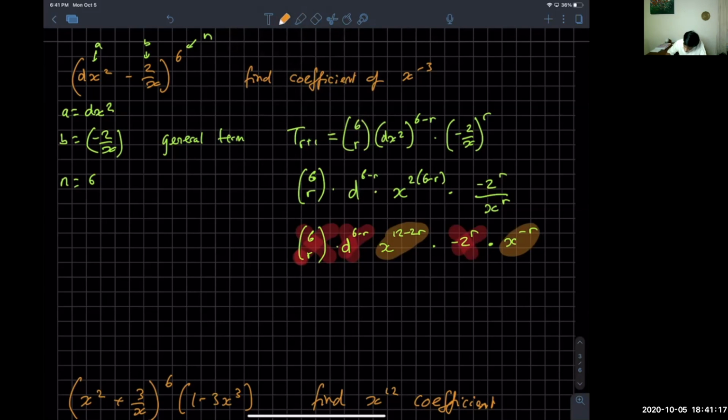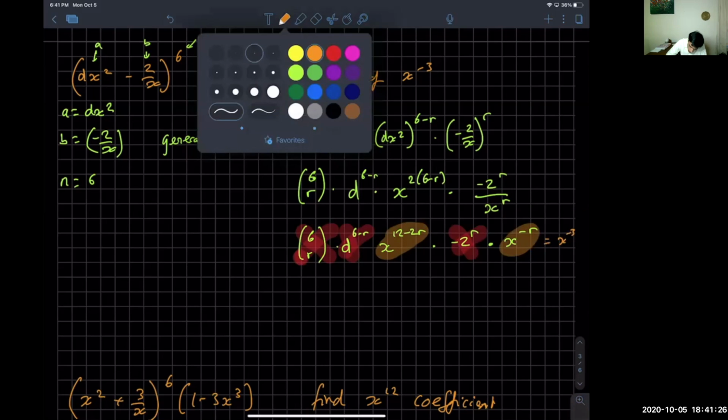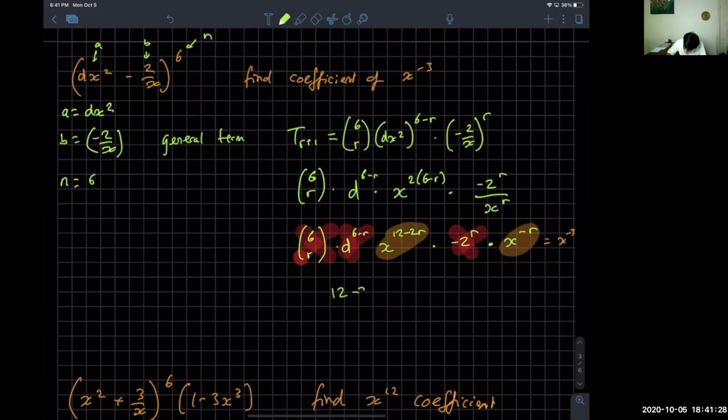Therefore, I just add up these exponents. So we have to get this equal to x to the power negative 3, okay? So I do 12 minus 2r, that's this term, plus negative r, this term, is equal to negative 3. Okay, that's what we're looking for.